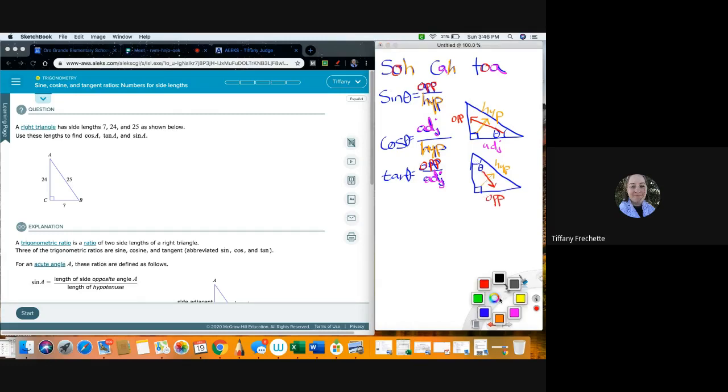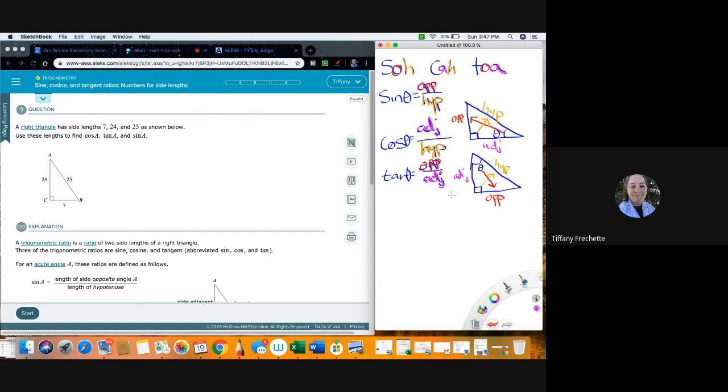And if I'm trying to find adjacent, then I want the other side that creates the angle. So I have hypotenuse and this other side here. So this is now the adjacent side. So it depends on which angle we're looking at. The adjacent and the hypotenuse can kind of switch spots depending on the angle. Hypotenuse will always be the same. It's always across from that 90-degree angle.